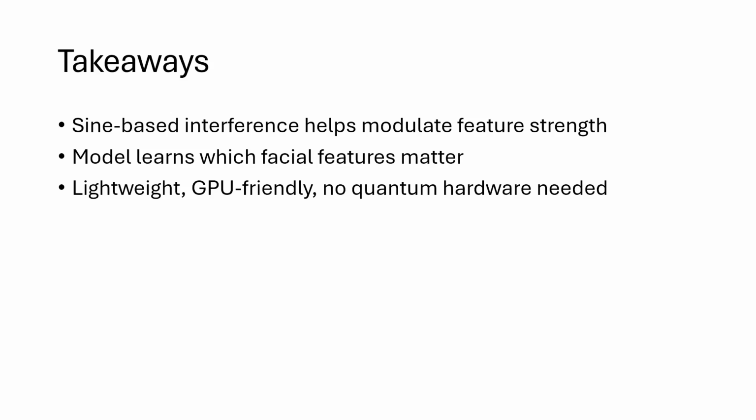First is the funnel or filter aspect of the model, which does most of the heavy lifting in terms of which facial features the model has to look at and which not. That gets the big credit. And then the sign-based feature interference also helps you decide which aspects of the features are important and which are not.